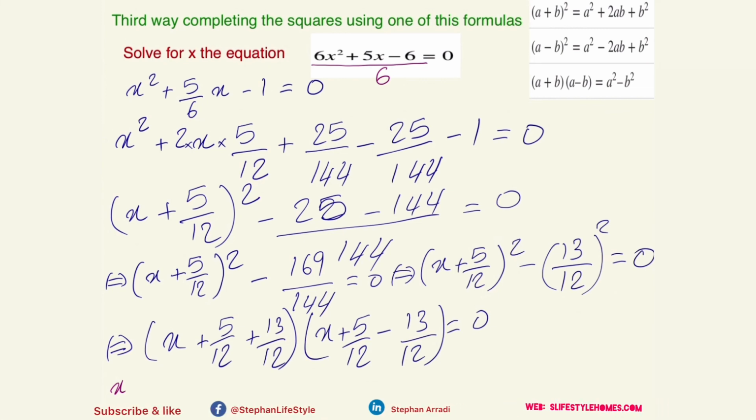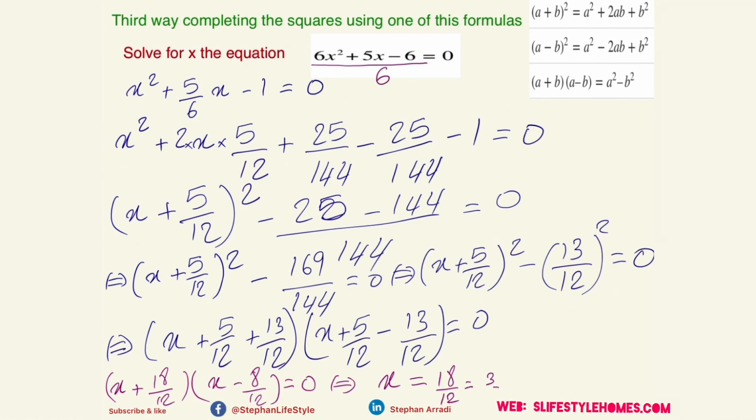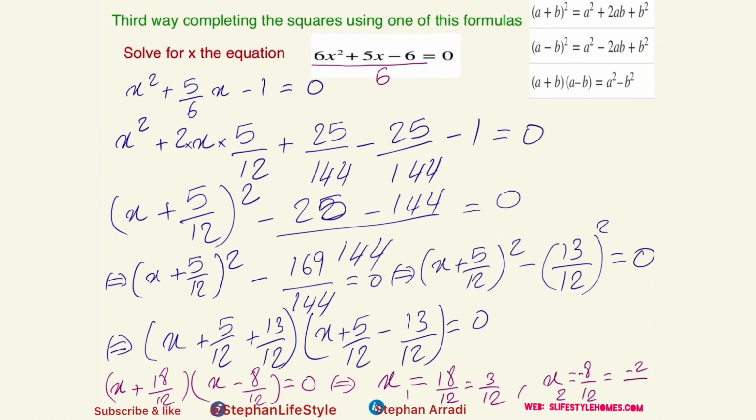It will be x plus, we have the same denominator, 18 over 12 equal to 0, which gives us x equal to 18 over 12, which is just 3 over 2. Or x2, 13 minus 5 is just minus 8 over 12, and divided by 4 it will be negative 2 over 3.